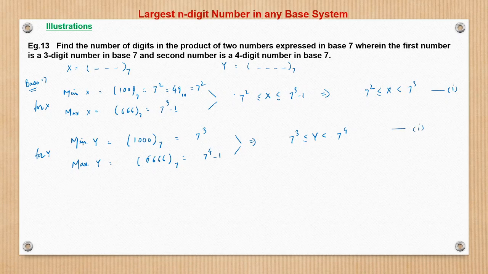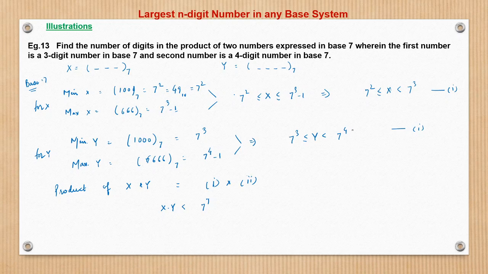And now since the product of x and y is equal to equation 1 into equation 2, that gives x into y will be less than 7 raised to power 7.